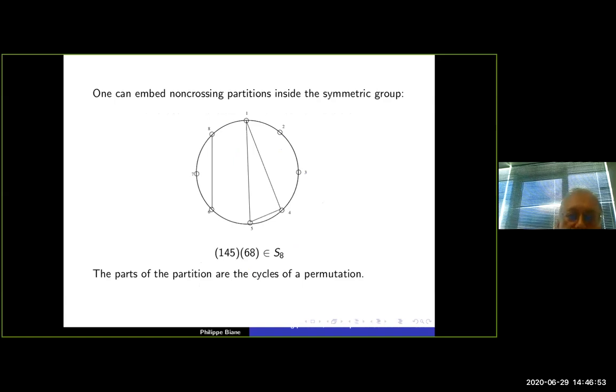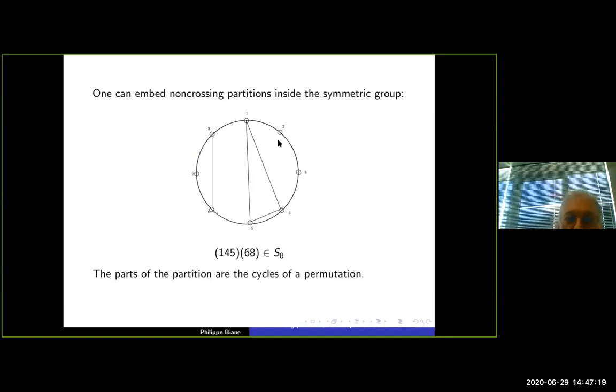Well, the first thing that we have to observe is that one can embed the set of non-crossing partitions inside the symmetric group. This is a basic fact. How do we do that? Suppose you have a non-crossing partition like I draw here. What you do is you take the parts of the partition and consider them as the cycles of a permutation.